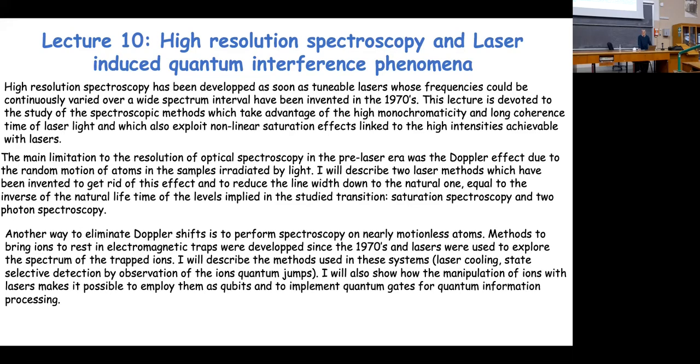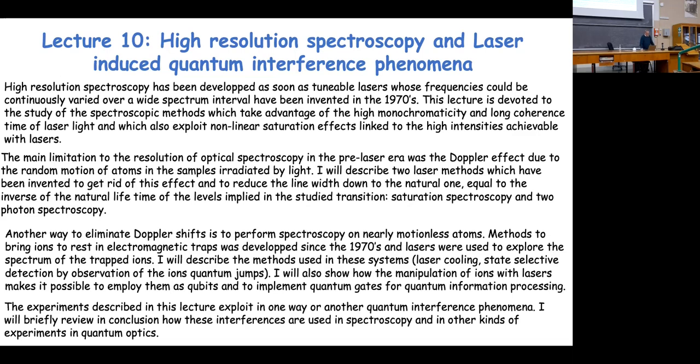We'll see that lasers can be used to manipulate the ions, to do very precise spectroscopy with them, and also to use the ions as qubits in quantum information processing by coupling two ions using laser light. Finally, I will talk in more general terms about quantum interference phenomena.